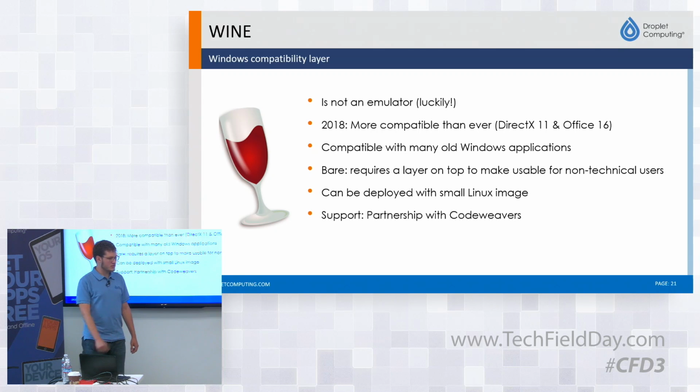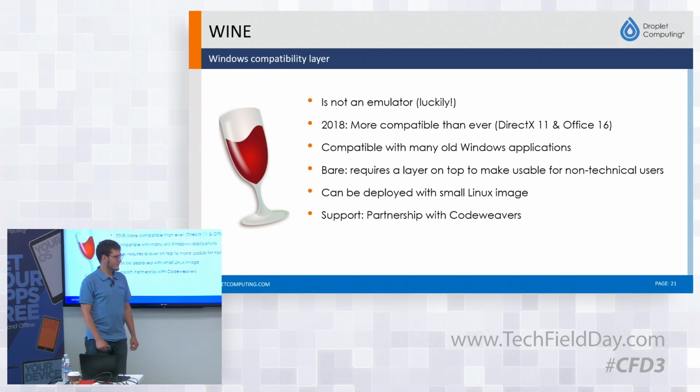At the same time, it's compatible with many old Windows applications. Wine has been built up from the ground to work with the oldest applications first, providing the oldest Windows APIs first. And some people even say that Wine is more compatible with old Windows applications than Windows itself.